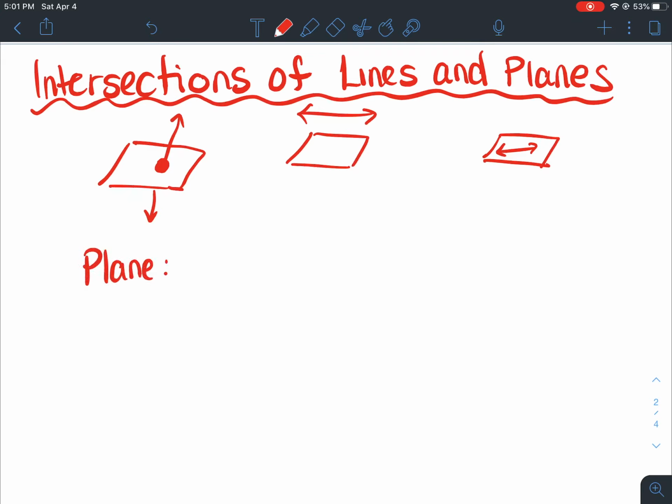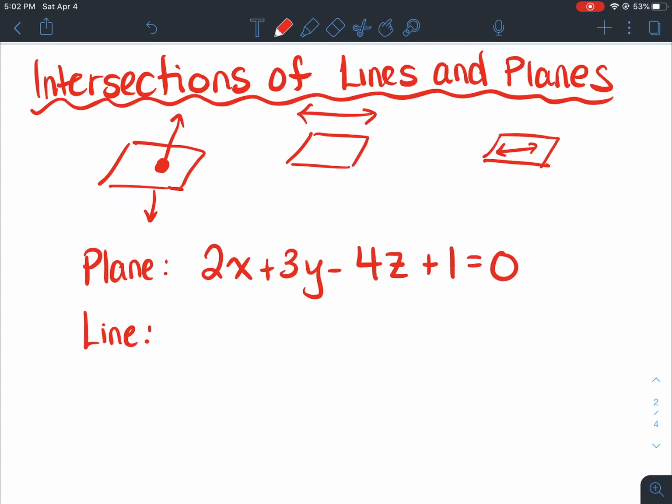I found that lines and planes were one of the easier ones because if you had the equation of a plane in scalar form, like 2x plus 3y minus 4z plus 1 equals 0, and you had the line in parametric form, if we always put the line in parametric form, then we can actually just sub the parametric into the plane.